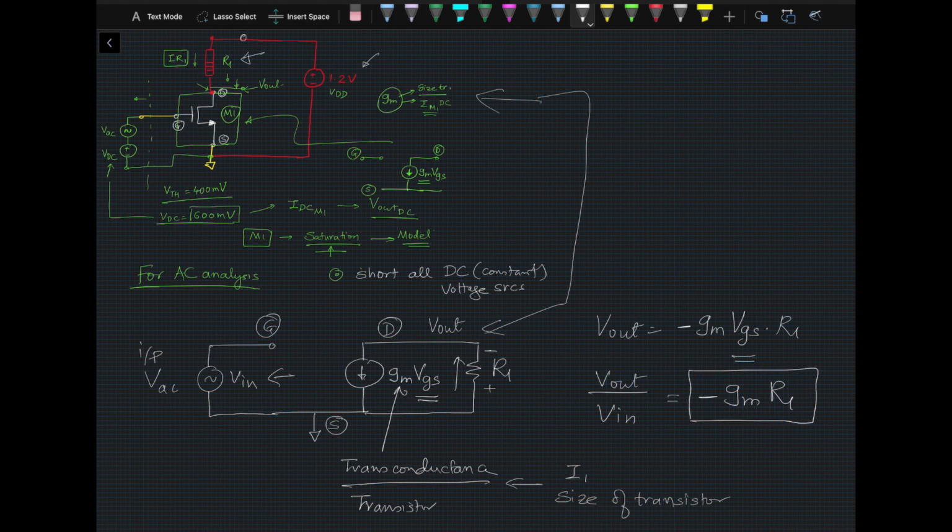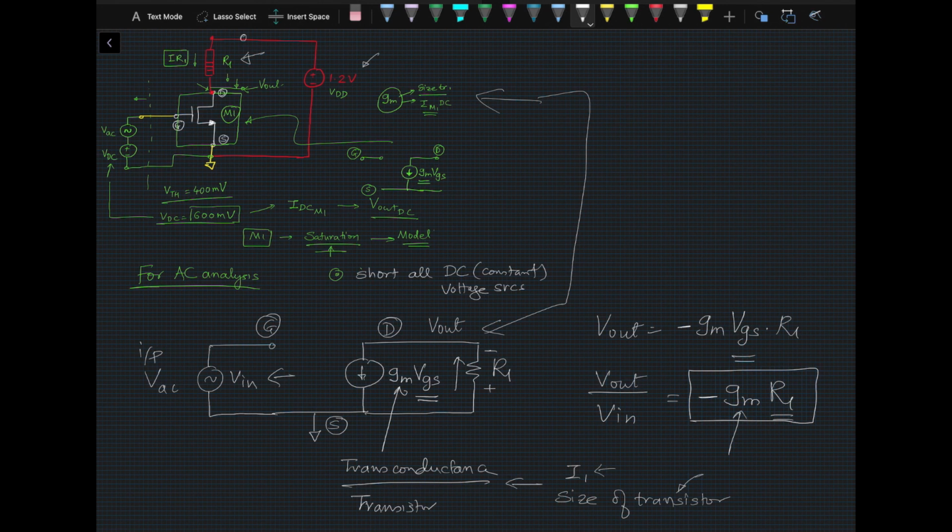So this is the gain of the amplifier, in which R1 is the value of the resistor that we know, and Gm is the transconductance of this particular transistor, and that is based on where we bias the transistor, and also the intrinsic property of the transistor. So this is the way you analyze this complex circuit.